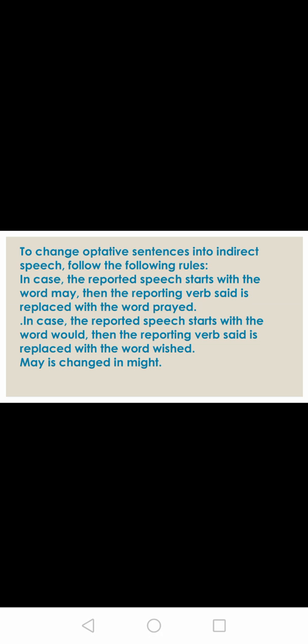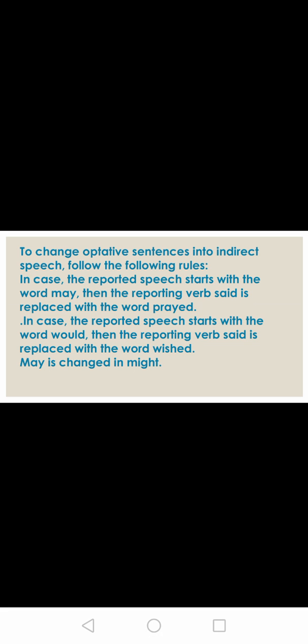To change an optative sentence into indirect speech, follow the following rules. In case the reported speech starts with the word may, then the reporting verb said is replaced with the word prayed. If it is written as may, you are going to write prayed. In case the reported speech starts with the word would, then the reporting verb said is replaced with the word wished.